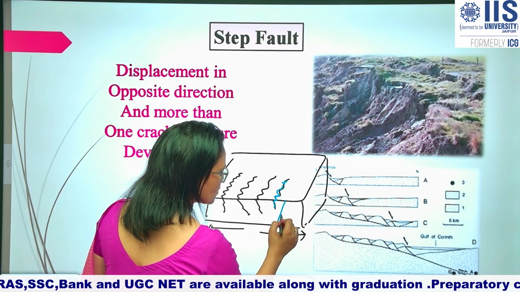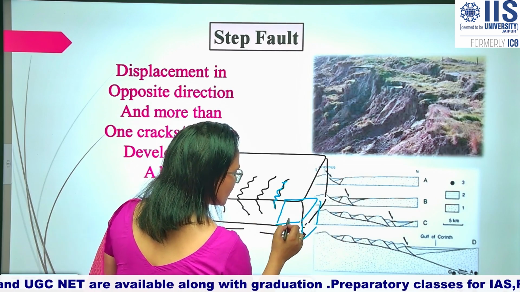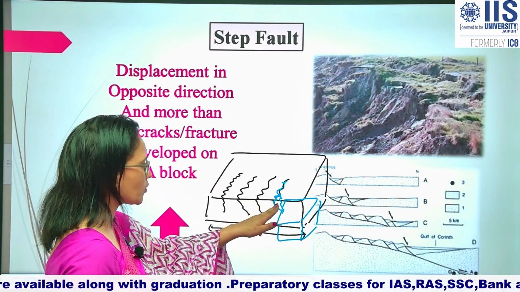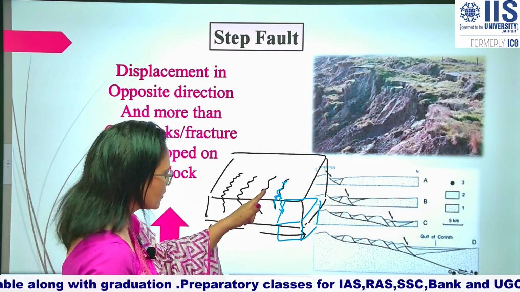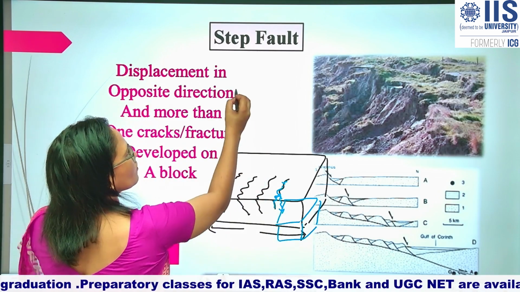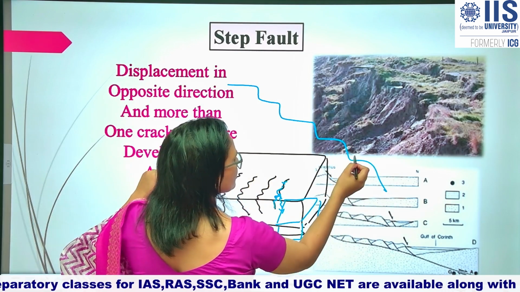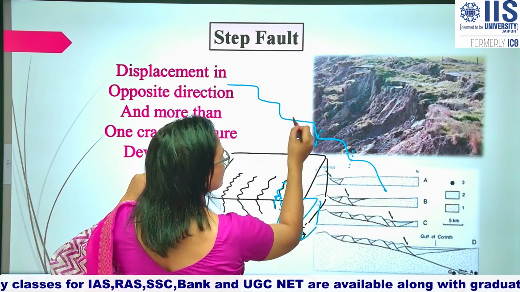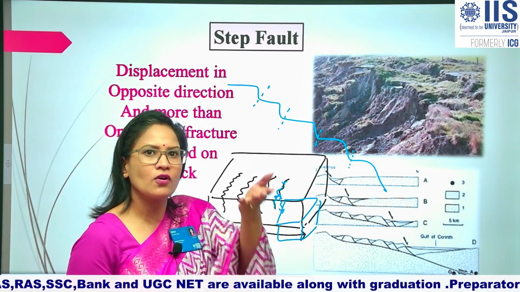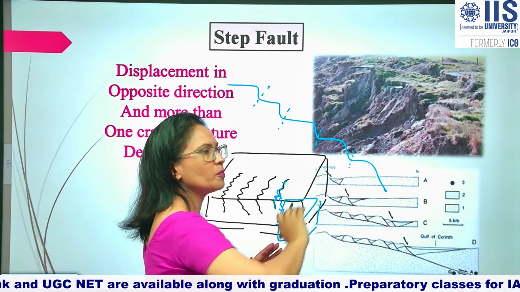This place is moving downwards, right? Then displaced again. Again this process occurs with another fault, and another and another, and because of this we are observing this kind of structure. These are the fault lines. Along that, blocks are displaced and moving downwards or upwards, and a step type of structure is formed on the earth surface.